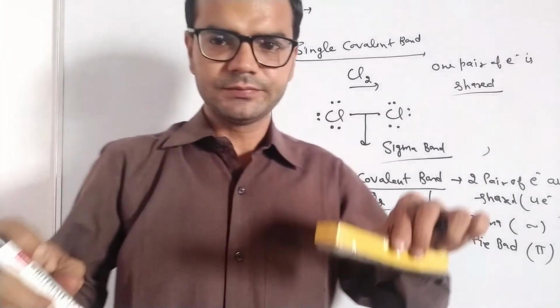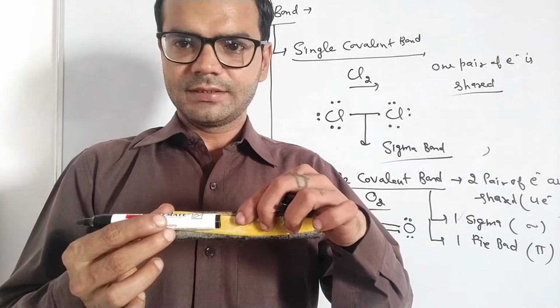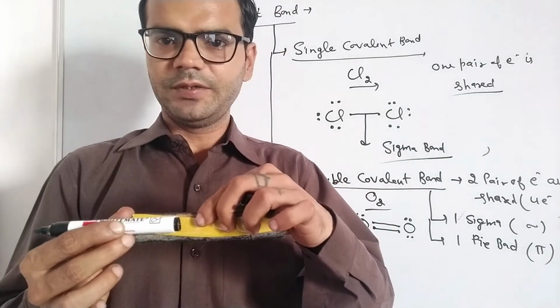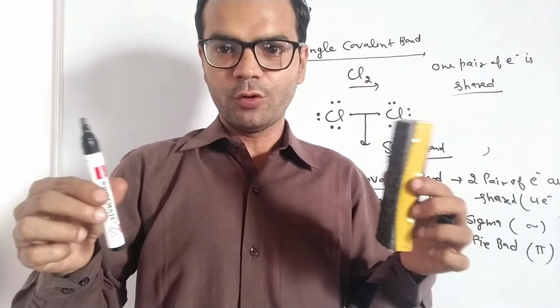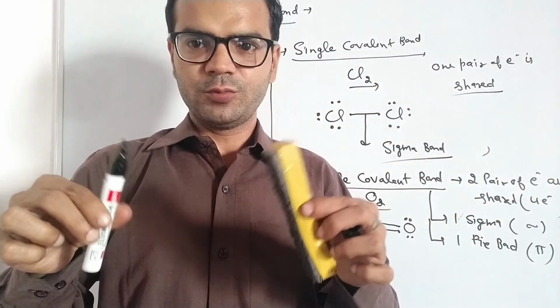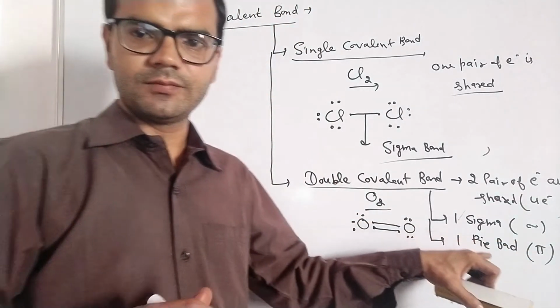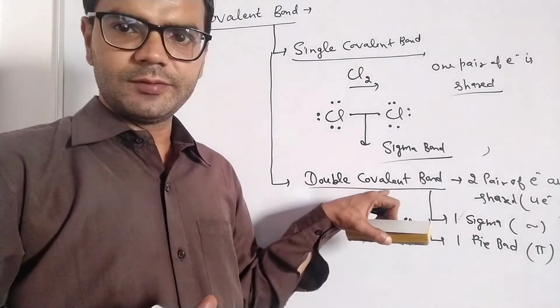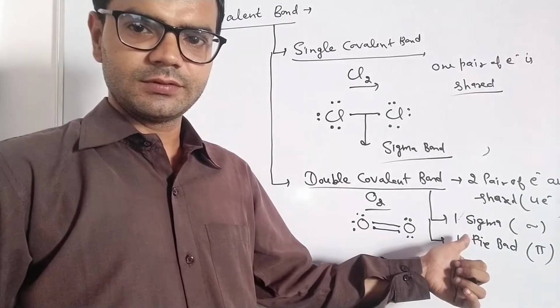For example, if two axes are overlapping on the same axis, then coaxial overlapping takes place and a sigma bond is formed. But if collateral overlapping takes place, two parallel orbitals overlap, then a pi bond is formed. So in a double covalent bond, we have one sigma bond and one pi bond, right?